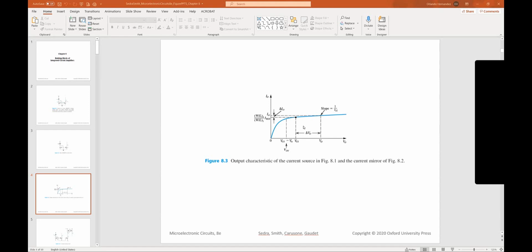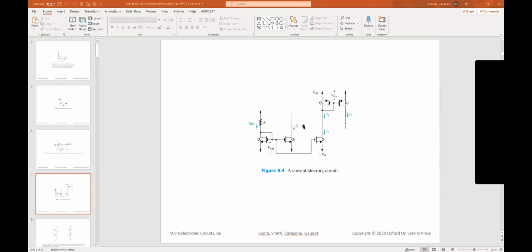Essentially, with these types of mirrors, you can derive all kinds of currents that you need just by changing the ratios from some reference. That technique is called current steering. And there is a nice graph here where from this reference, you derive an I2, and then you use that to derive an I3, which you use with some other current mirror to derive an I5.